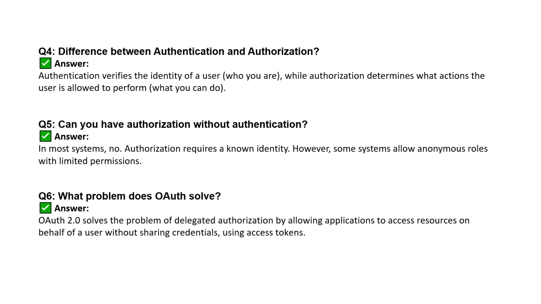Without authentication, we can't go for authorization. However, some systems allow anonymous roles with limited permissions, where we have authorization with limited permission and the user is anonymous. What problem does OAuth solve? OAuth 2.0 solves the problem of delegated authorization by allowing an application to access resources on behalf of a user without sharing credentials, using access tokens.